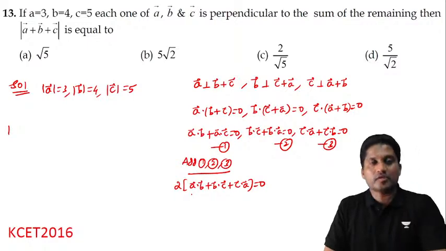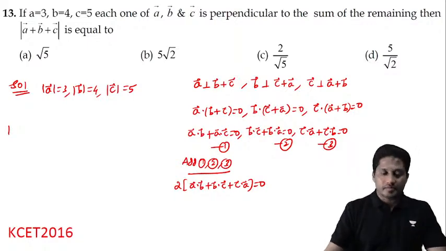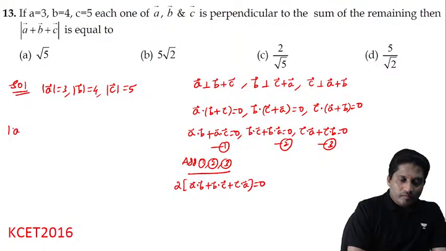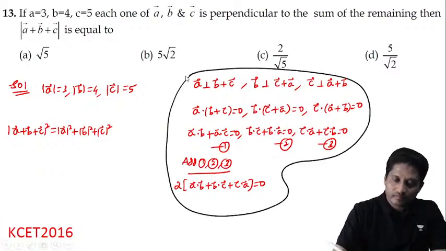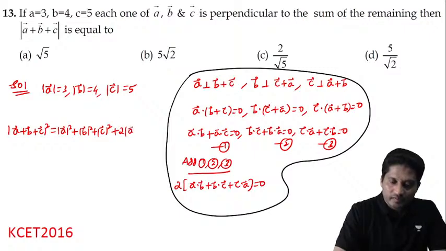Now I am supposed to find the value of modulus of A plus B plus C. Mod of (A plus B plus C) whole square is equal to mod A square plus mod B square plus mod C square plus 2 times (A dot B plus B dot C plus C dot A).